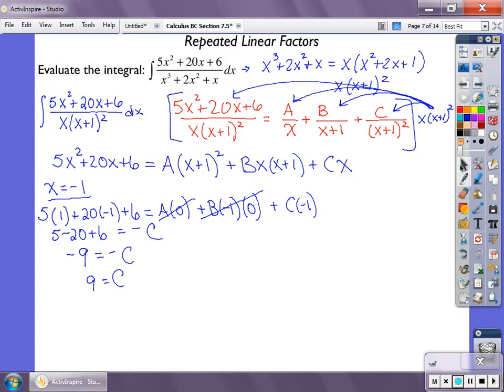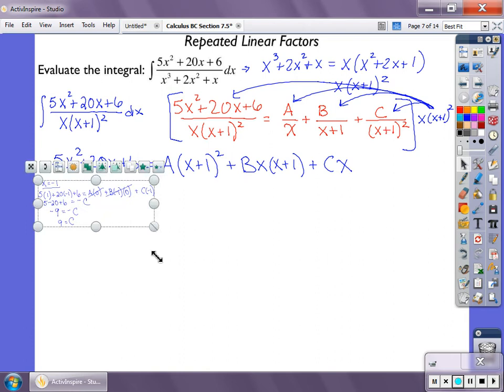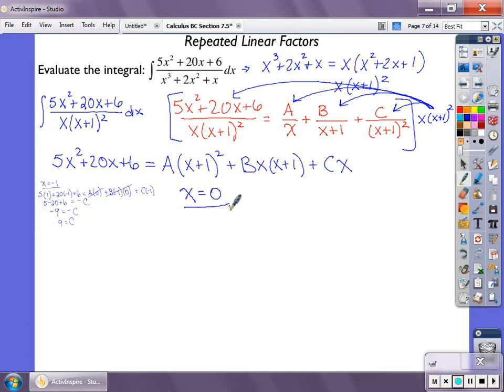I'm going to make this a little bit smaller now so I have some room to work. Now I'm going to choose another convenient value for x. Here and here, x can be 0. And so we'll have 5 times 0 squared plus 20 times 0. That's just going to be 0.